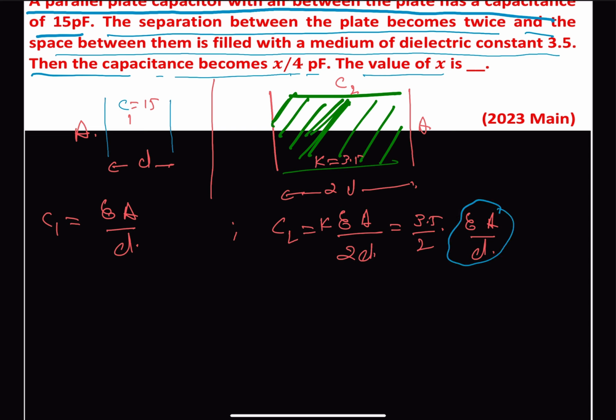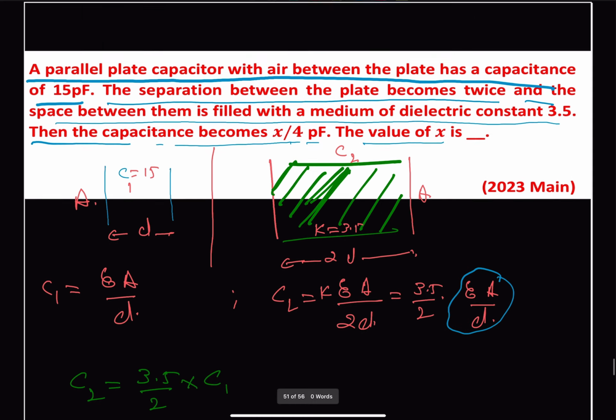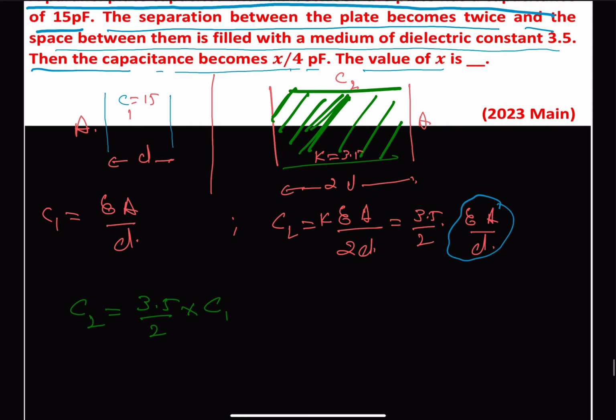Therefore, C2 will be equal to 3.5 divided by 2 multiplied by C1. The value of C1 is given as 15. So we can write 3.5 divided by 2 multiplied by 15, and this is given to us as x by 4.